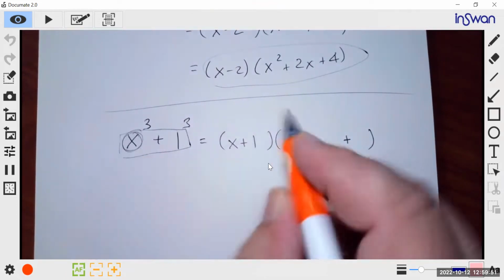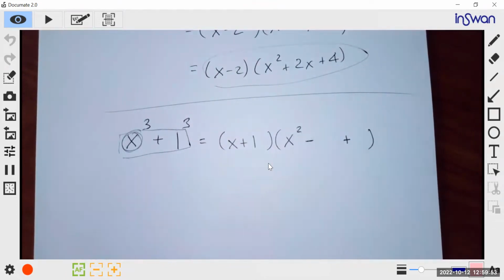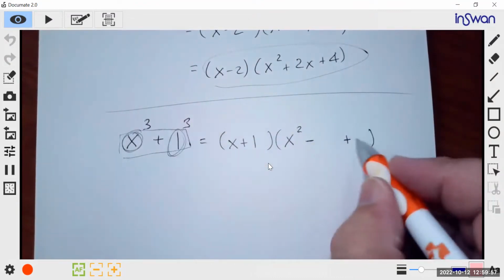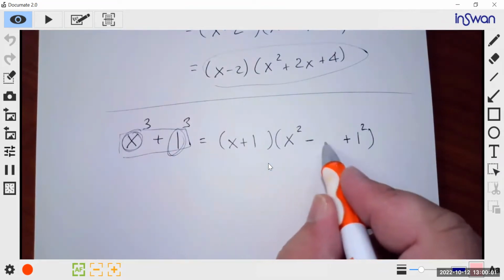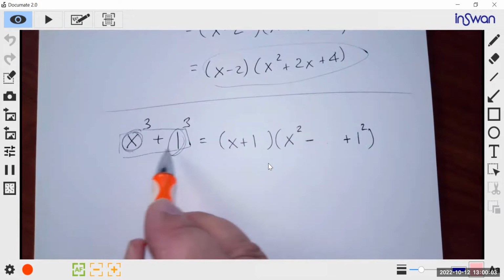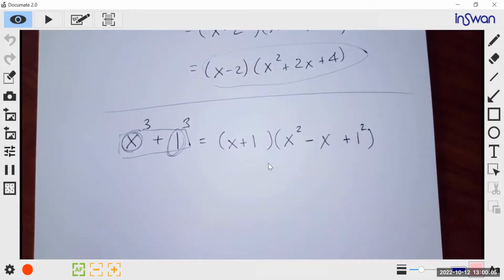Whatever the first term is, square it. Whatever the last term is, goes back here and you square it. And they multiply to go inside here. x times 1 is x, or 1x if you want. You can put 1x. So that's how you factor cubic equations.